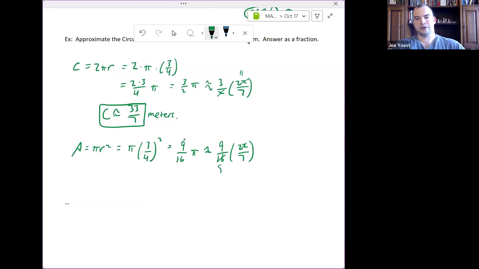I have a factor of 2 that goes away, or that's going to be 99/56. So my area is approximately 99/56 square meters as a fraction.